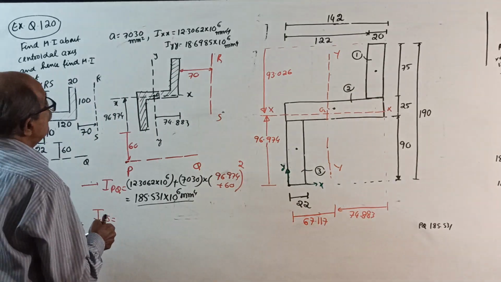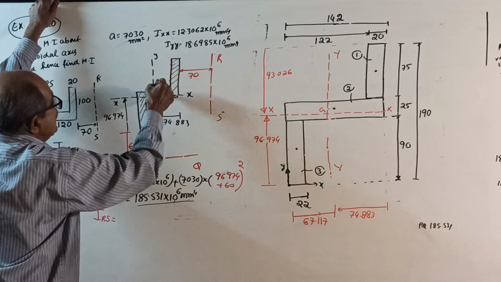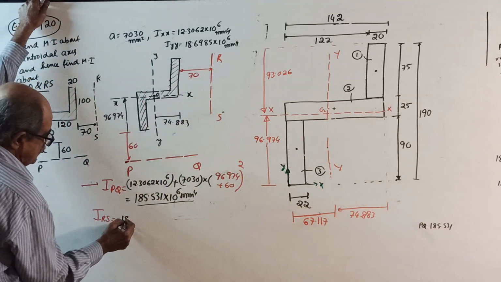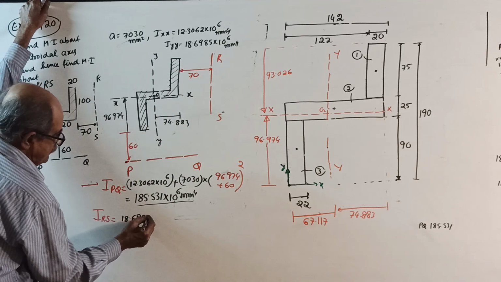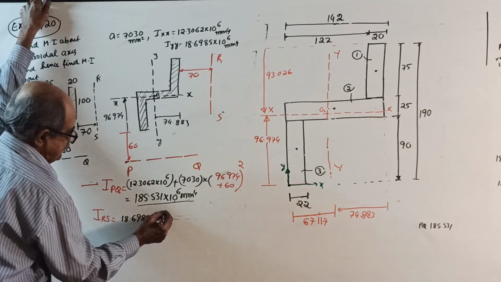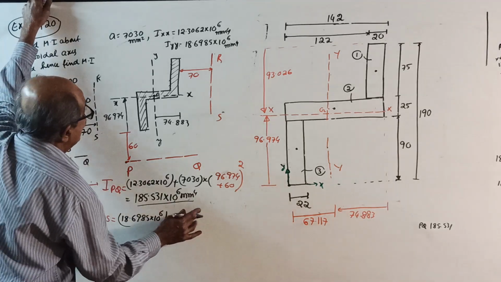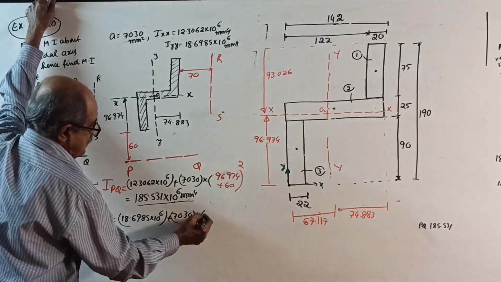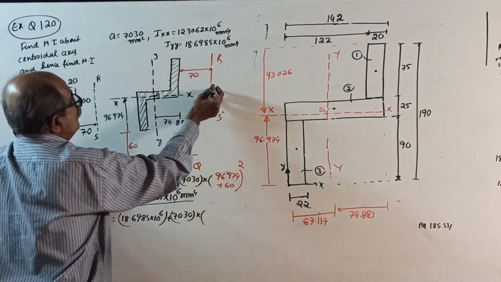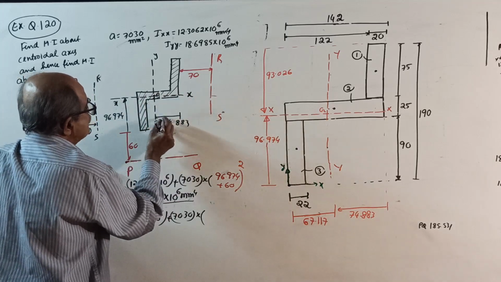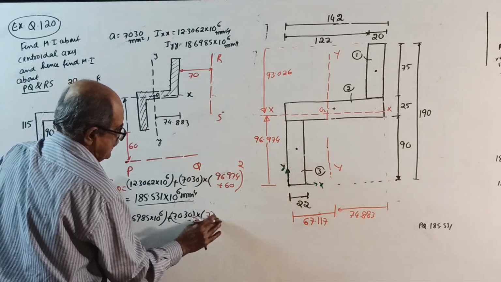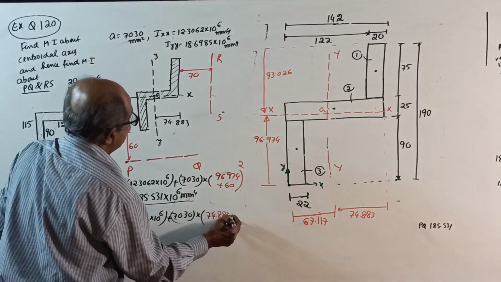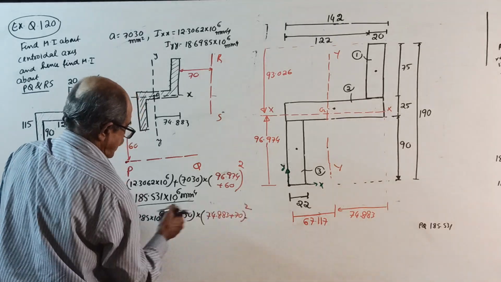Then I about RS is first its own centroidal axis YY, 18.6985 into 10 to the power 6, that is Ig, plus area 7030, the full area, into the distance from centroid to RS, this distance square: 74.883 plus 70, whole square.